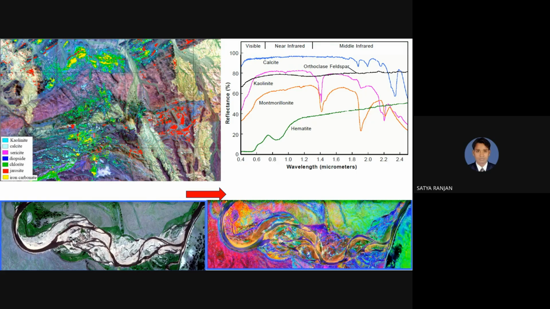Generally, blue and green bands are in micrometers, but in hyperspectral, these are in nanometers. That means in multispectral it is 10 to the power minus 6 meter, but in hyperspectral it is 10 to the power minus 9 meter.